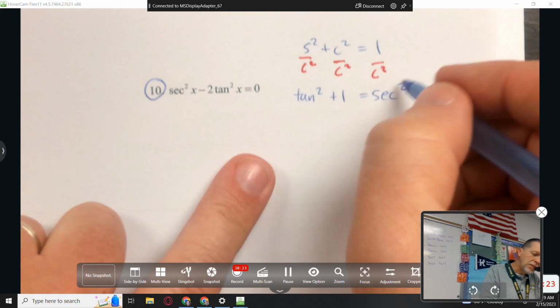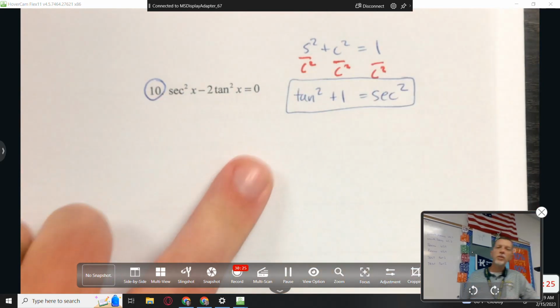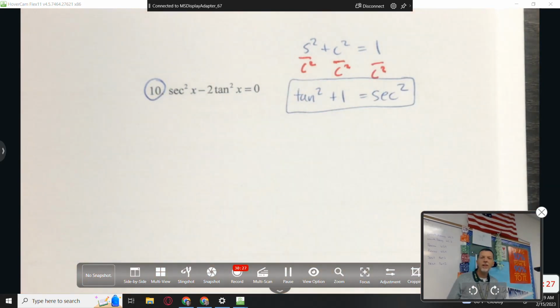And maybe some of you have that. Maybe some of you have all three of them memorized, but I really don't. I just always start with sine squared plus cosine squared equals 1 if I see squared showing up, because then I know it's one of those Pythagorean identities.